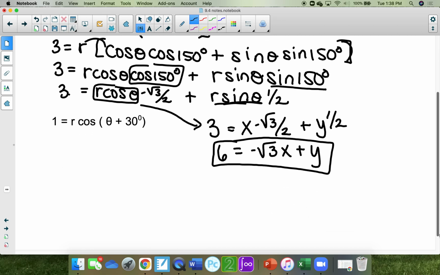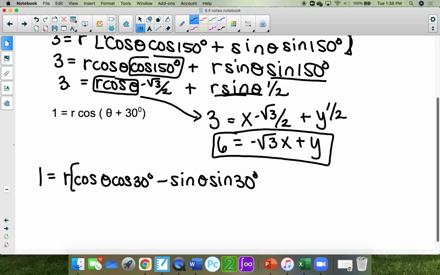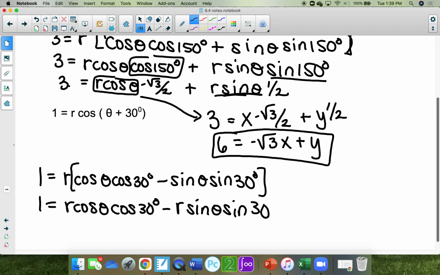Same thing with this one. R cosine of theta plus 30, it's going to go 1 equals R cosine of theta cosine of 30. If that's a plus and this is a minus, sine of theta sine of 30. 1 is equal to R cosine of theta cosine of 30 minus R sine of theta sine of 30.